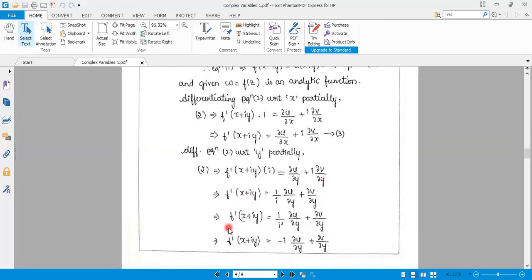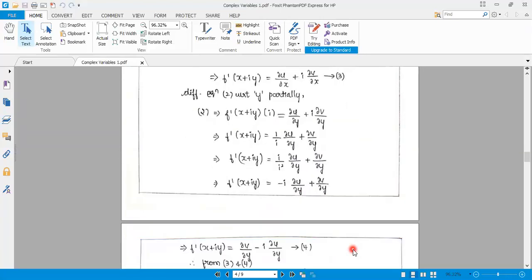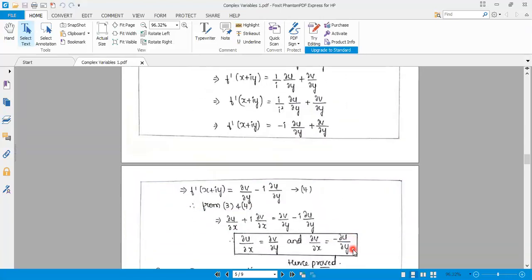Or we can rearrange by multiplying i on both sides. Clear? So we obtain f dash of x plus iy equals minus i into dou u by dou y plus dou v by dou y. Now we can call it equation 4.